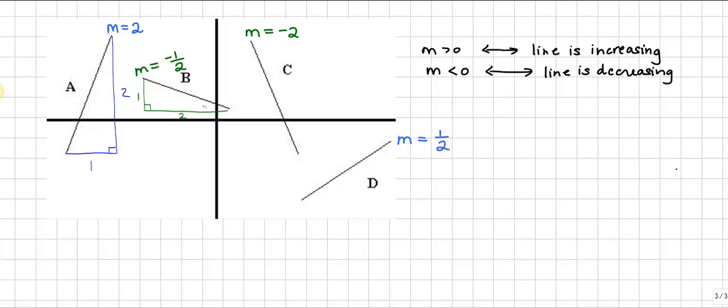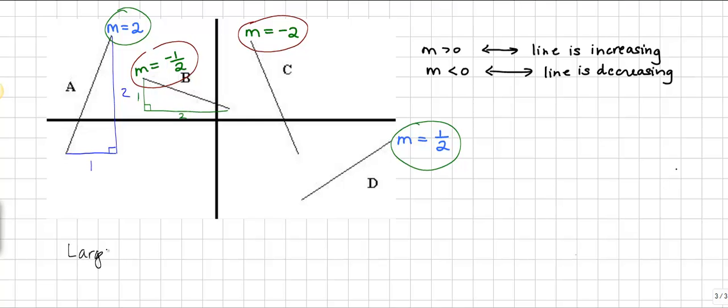If the slopes are positive, then the larger the number, the steeper the line, comparing these two. If the slopes are negative, it's backwards because the number -2 is smaller than the number -1/2. So when you go in order of their slopes, let's do smaller to larger, that would make more sense.